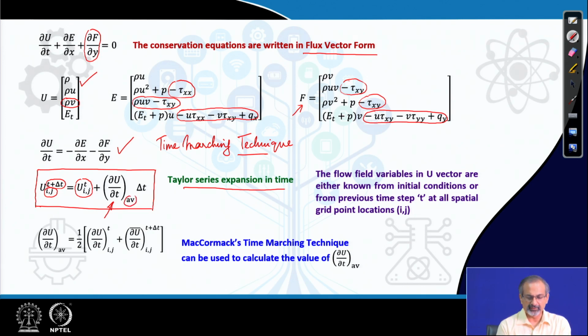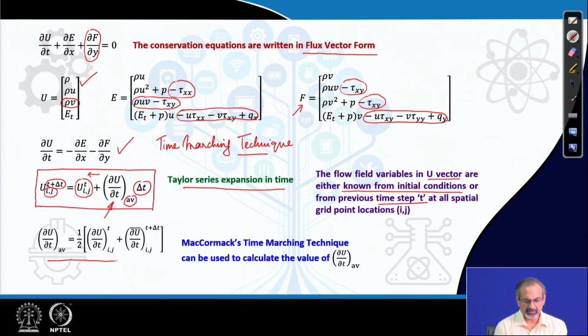So, we mark it as an average value multiplied with delta t, and we ignore the higher order terms. As long as delta t is really small, the higher order terms will not matter so much, hopefully. And the flow field variables in the u vector are either known from initial conditions or from the previous time step t. So, we can take the solution to the next time step using a scheme like this.